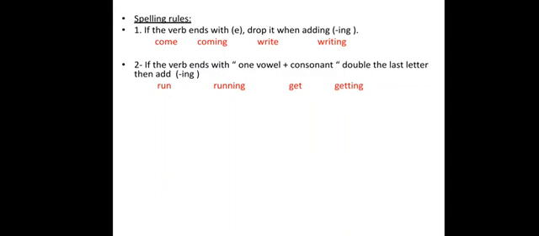Getting, we double the letter T. But that depends on how many syllables are there in the verb. We have here opening. In this case, we do not double the last letter.